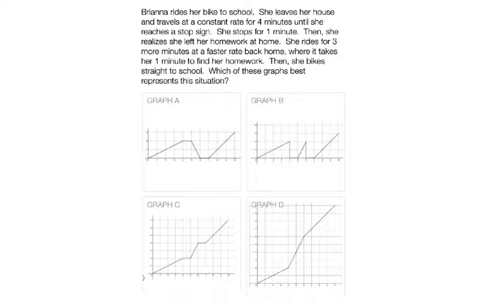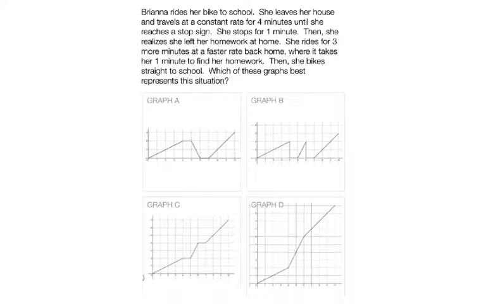She leaves her house and travels at a constant rate for 4 minutes until she reaches a stop sign. She stops for a minute. Then she realizes she left her homework at home. She rides for 3 more minutes at a faster rate back home, where it takes her 1 minute to find her homework. Then she bikes straight to school.